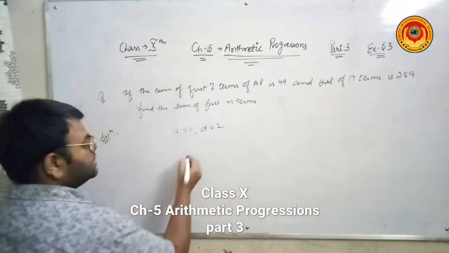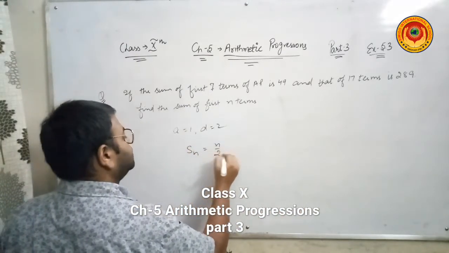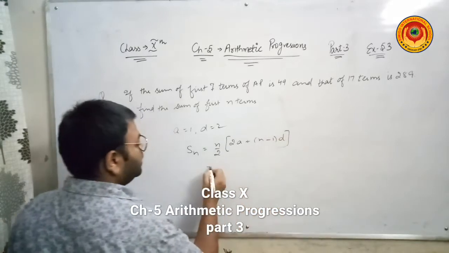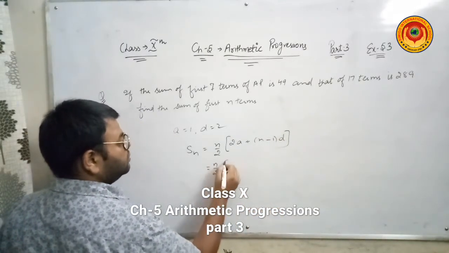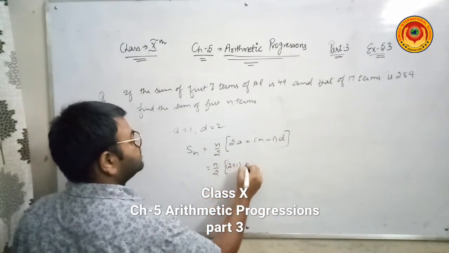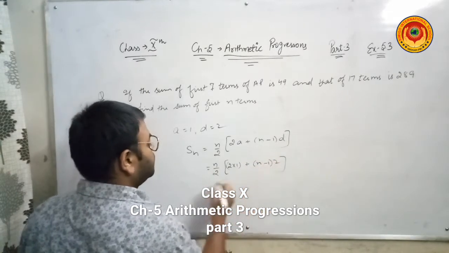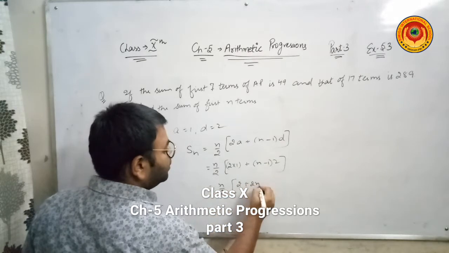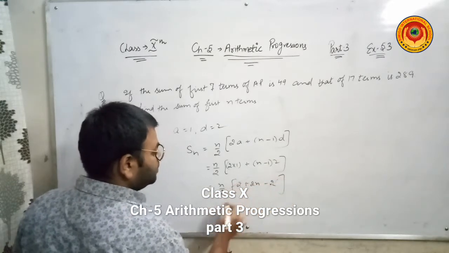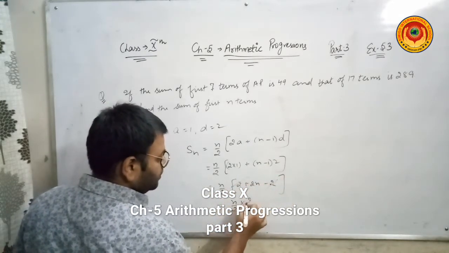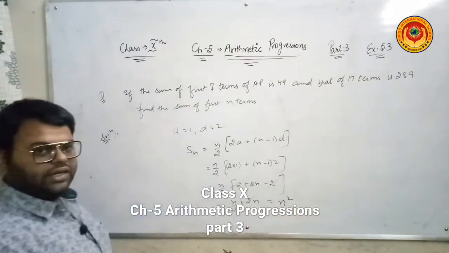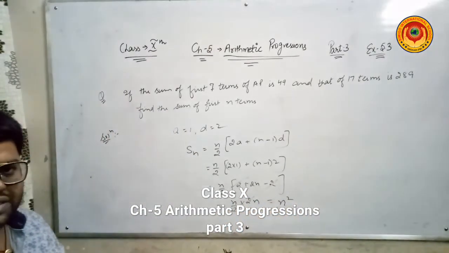Use the formula for Sn: n by 2, 2a plus n minus 1 into d. n is not given. 2 into 1 plus n minus 1, d is 2. n by 2, open the bracket. 2 into n, 2n. 2 into 1, 2. Plus 2 cancels with minus 2. 2 cancels with 2. So your answer is n square. The sum of n terms for this AP is n square.